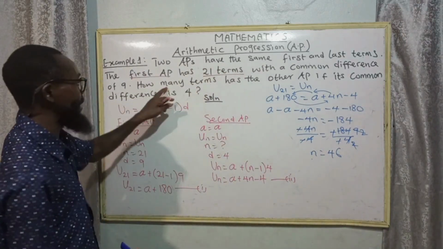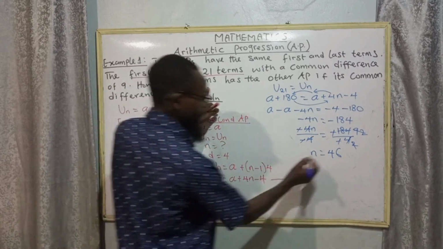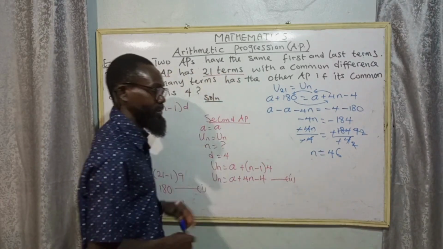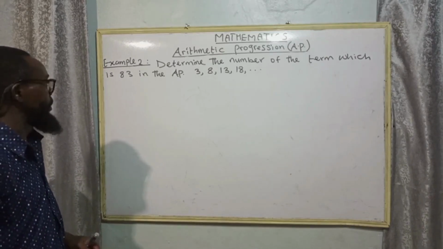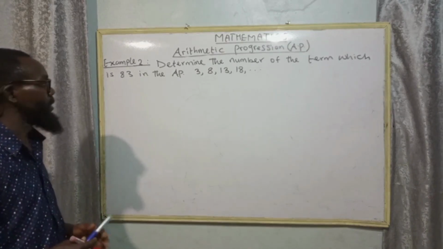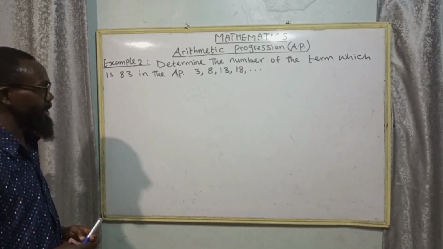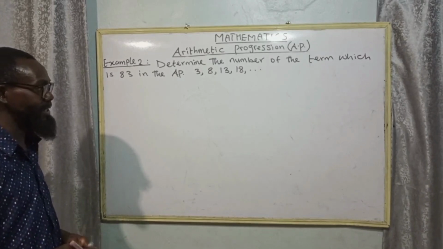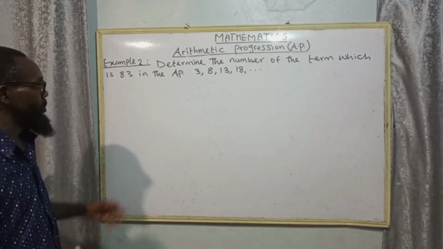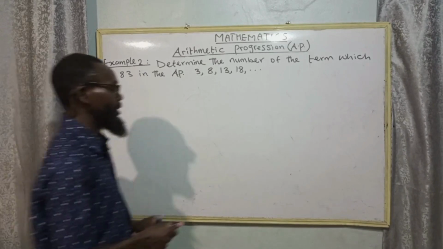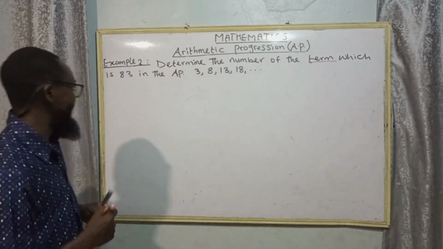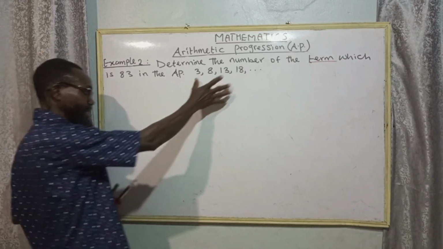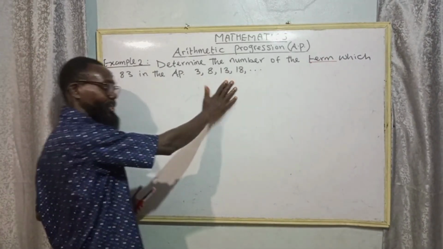Now they say how many terms? The number of terms here is 46. Example 2. Determine the number of terms of the AP 3, 8, 13, 18, and so on, of which the last term is 83. To determine the number of terms means the n, and 83 means the last term here is going to be 83.